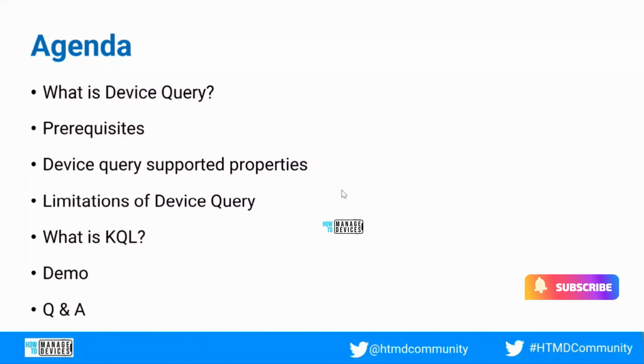Obviously, you must understand the limitations when you work on any new feature that comes up. At last, we will discuss what exactly KQL is, and I will give a demonstration. I have limited slides, and once I'm done with them, I will move to the demo session. At the end of the session we will have a question and answer session as well. Meanwhile, as I said, you can post your questions in the chat as well.